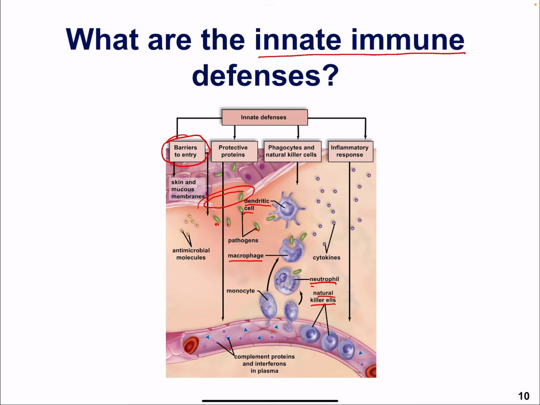But you also have non-cellular components of the second line of defense. These are some proteins, including the complement proteins and the interferons. These proteins are in circulation in the blood, and they are there to make sure that the protection system in our body is active against foreign particles.